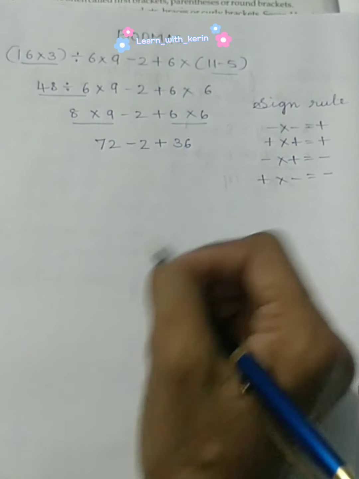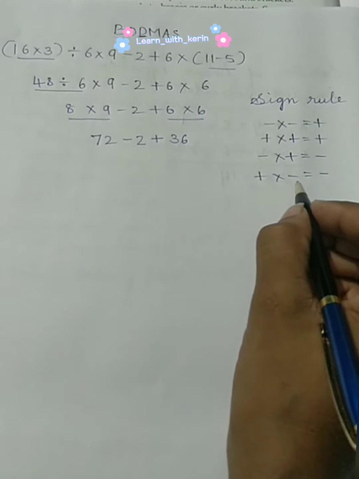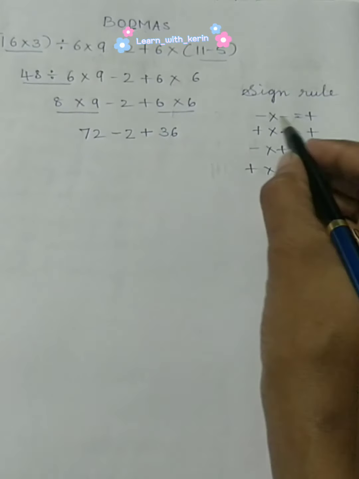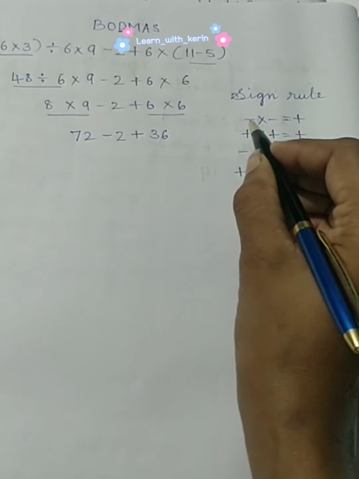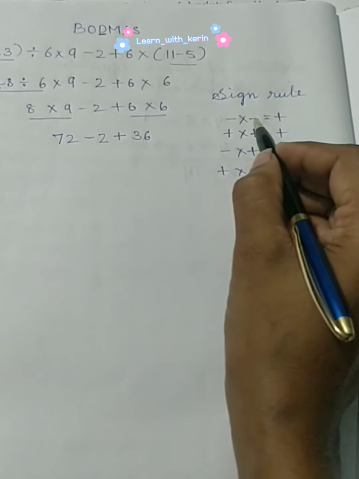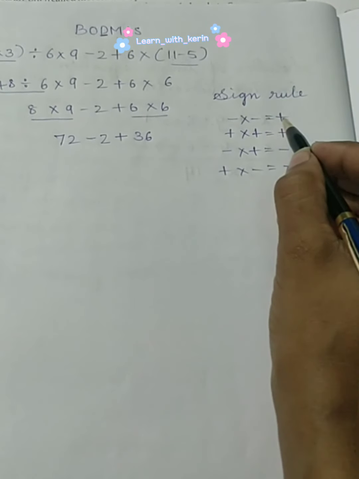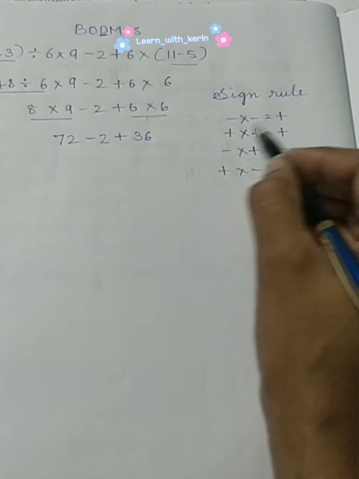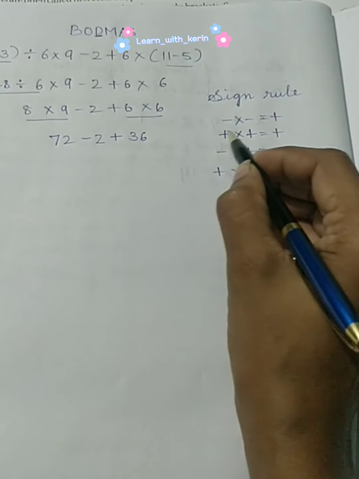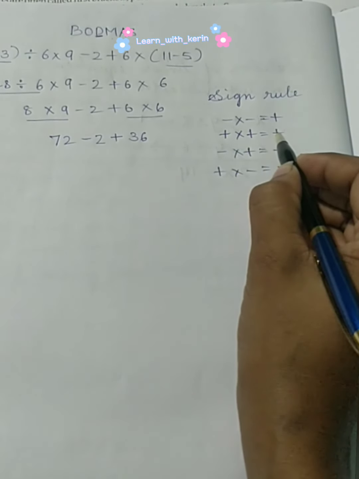Now, on the right side of the screen I have written a sign rule. Here comes the sign rule. If two same signs are multiplied, the answer will be positive. That means plus. See here, two same signs, if you multiply, the answer will be plus.